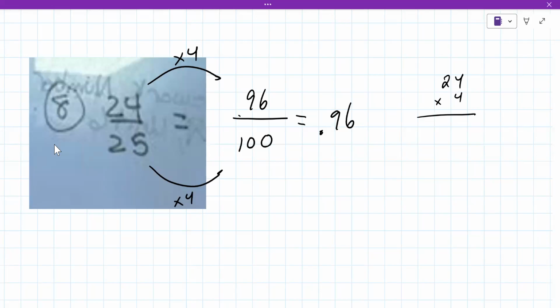Try again. 9 times 5 is not 46. 45, sorry. There you go. Good, good. And do the same thing for number 10. You have to multiply by 5.